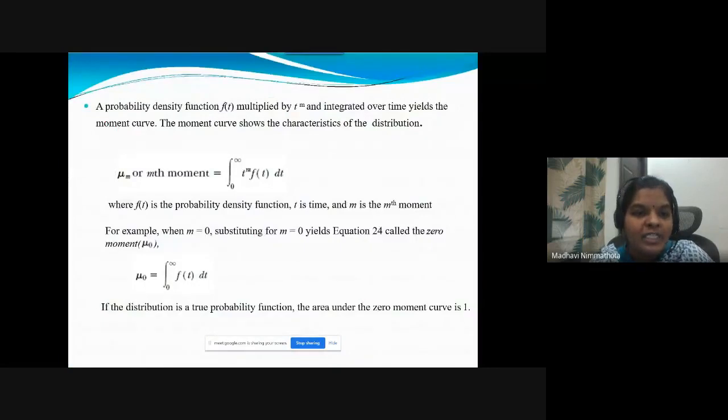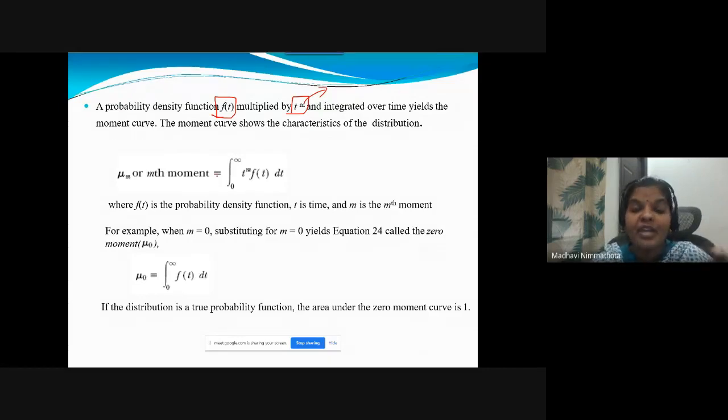A probability density function, that is f of t, is multiplied by t to the power of m. Here m stands for moment, t is the time, and it is integrated over time, which yields a moment curve.